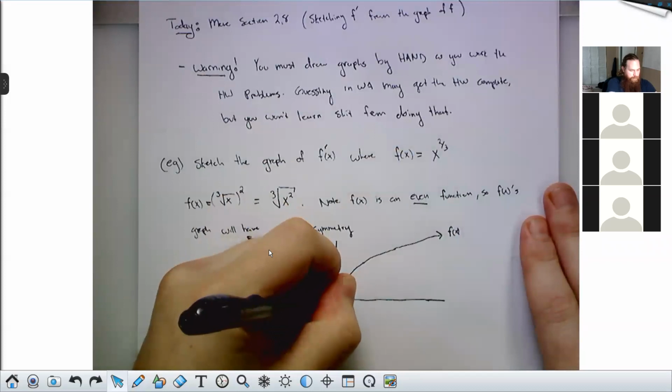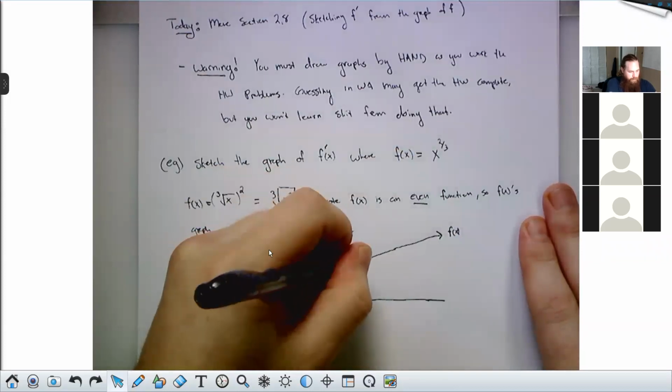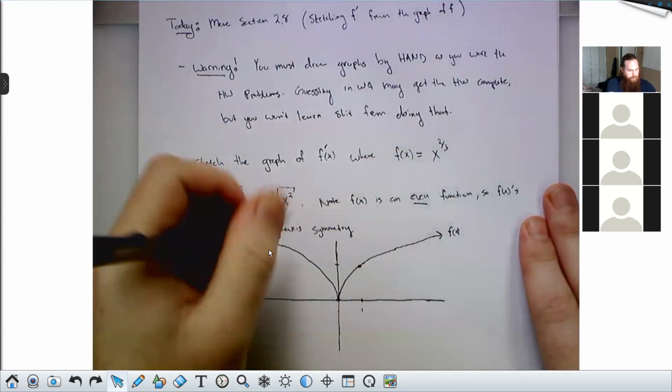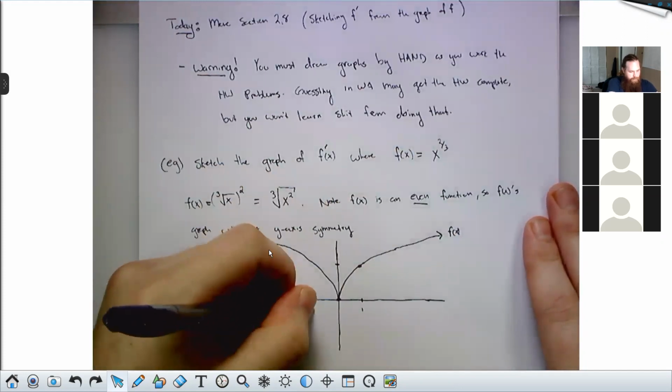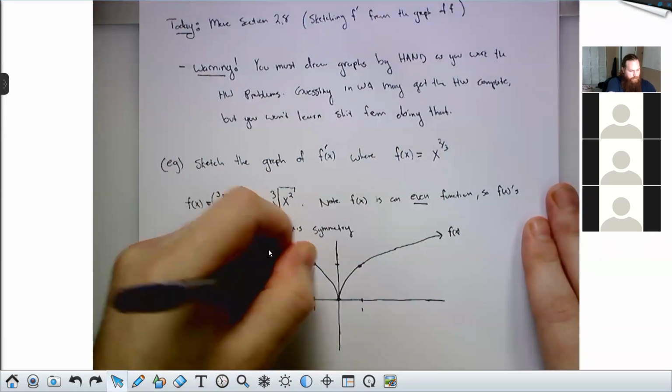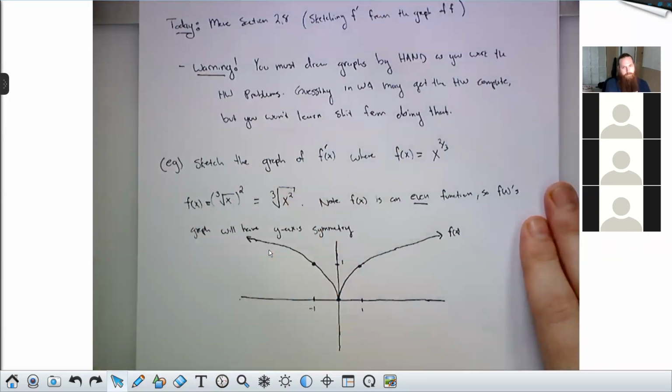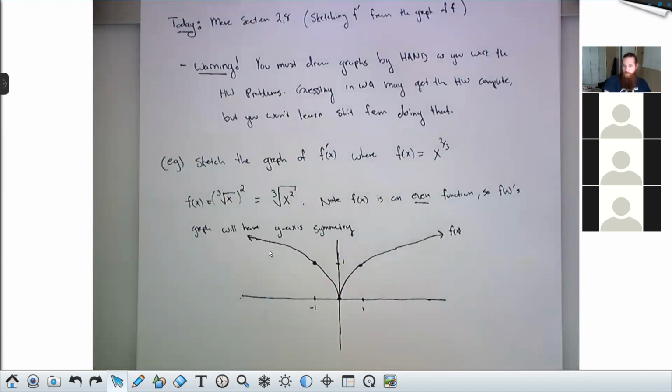Some points that we know must be on here are like 1, 1. And because it's an even function, therefore -1, 1 has to be on there. If you like, another point that must be on the graph is 8, 4.